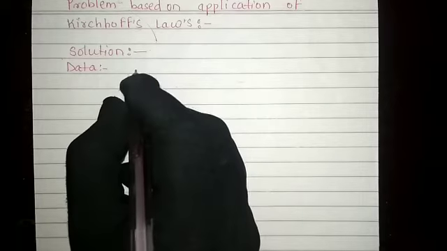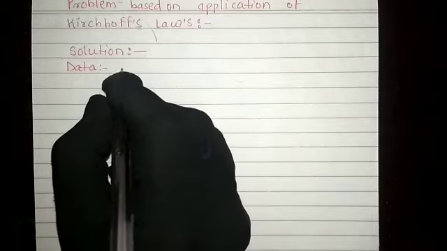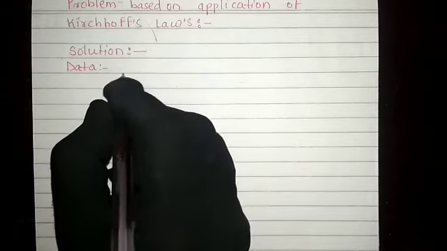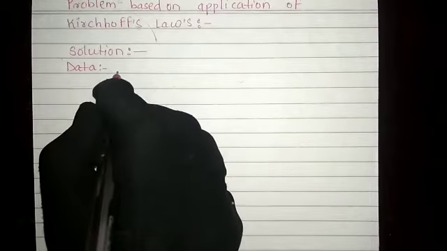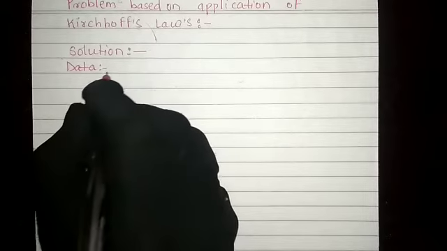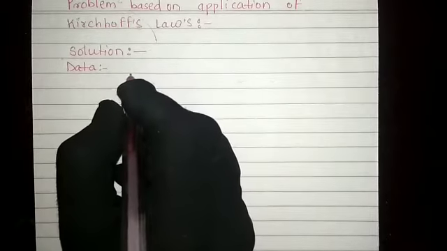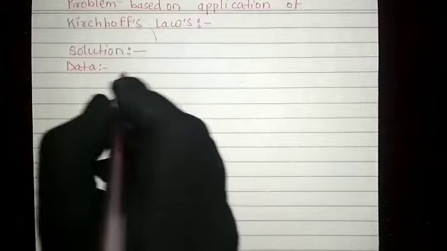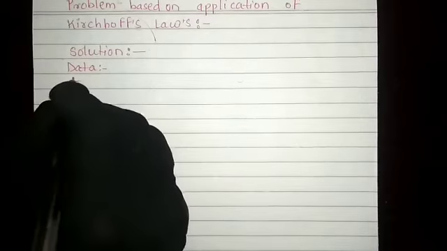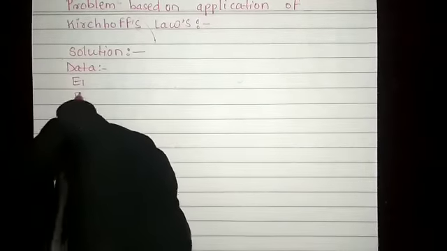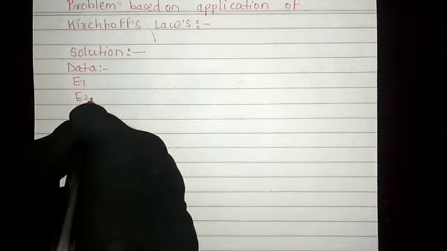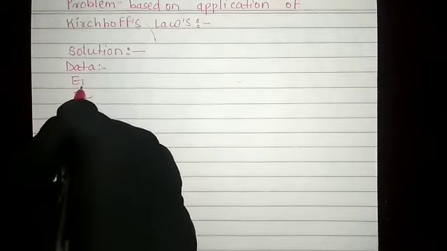So let's start writing the data that is given in your numerical number 10. In this type of numerical we can skip writing data, but if you write the data, it will help you to draw the circuit diagram. That's why I am writing the data. In the numerical you are given two batteries, so let's consider battery number 1 as E1, then battery number 2 as E2 with their internal resistances.